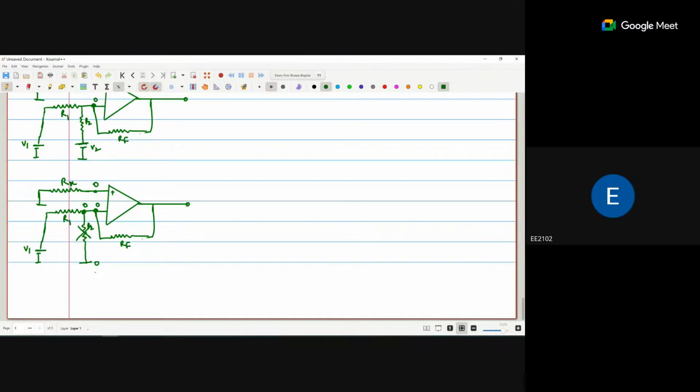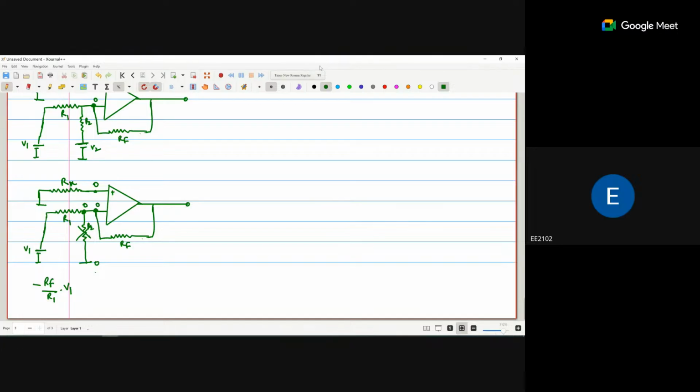Okay, so what is the formula? If I connect V1, the formula with respect to V1 is minus RF by R1 times V1. Understood? Now we apply the second superposition case.